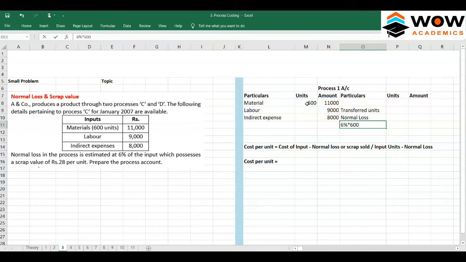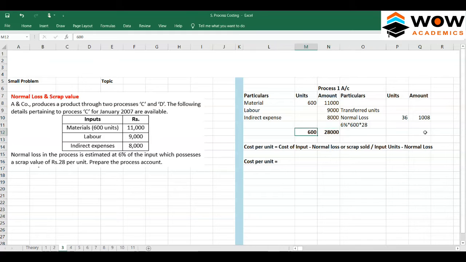So we can take that number and we can put it here. So that's going to be 36 units are normal loss units here, which has a scrap value of 28. So you can multiply the 28, which has a normal loss value of 28, and put it here. So that comes to 108. So now you can total it. So total comes to 600 and 28,000.